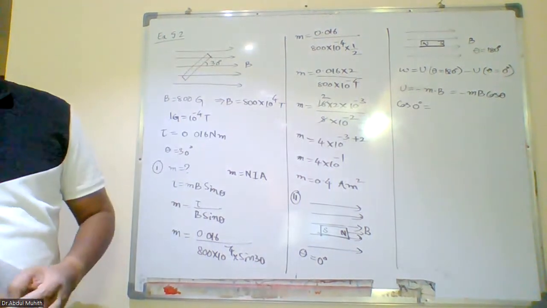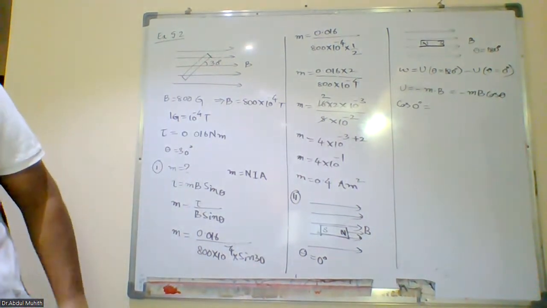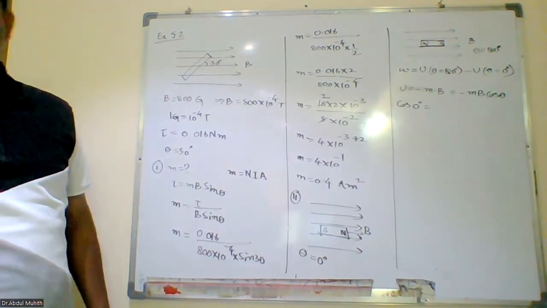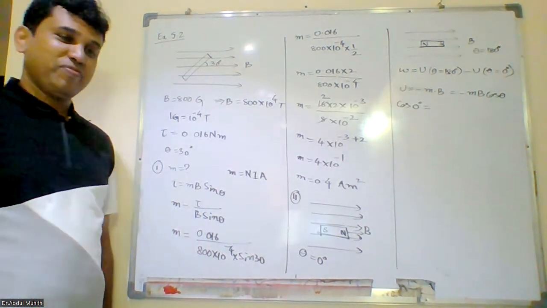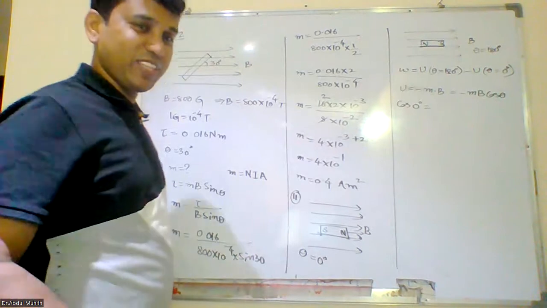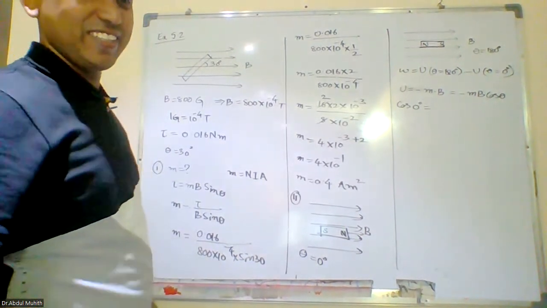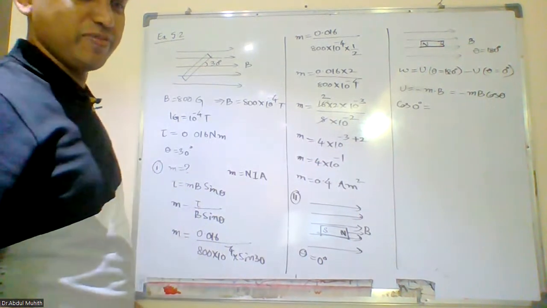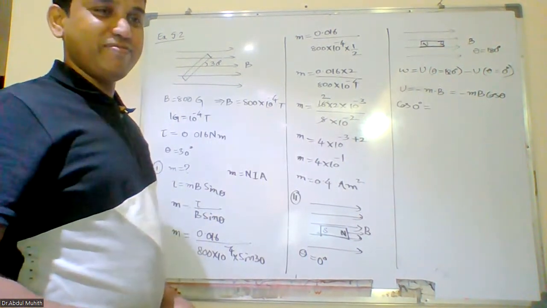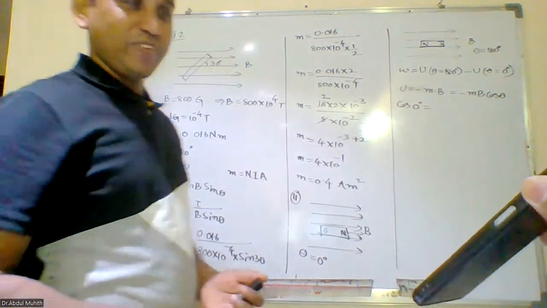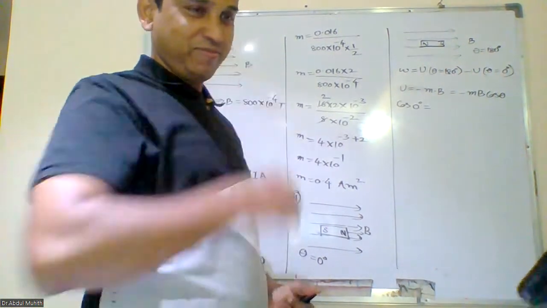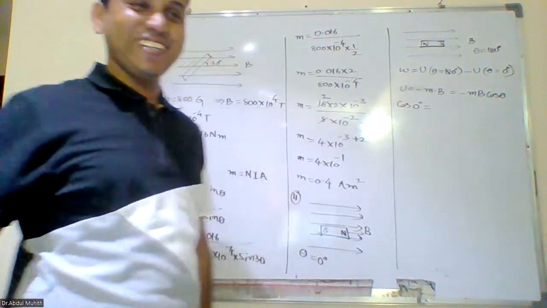Cos 0 values. What happened? Charles is calling. Video calling. Just give it to me. Let me speak to sir directly. Sir is here. Hello, how are you? He disconnected.